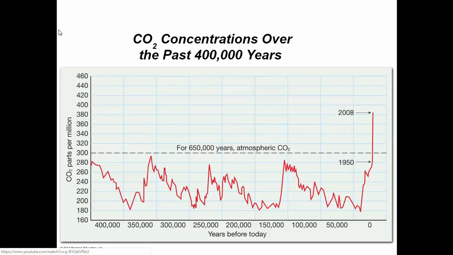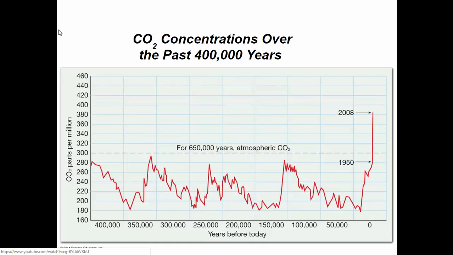And at these low points when carbon dioxide levels were low, what do you think the Earth was like during those times? Cold. It was cold. Those are the ice ages. And when carbon dioxide levels rose and the Earth warmed, those were periods when we had the melting of the glaciers, of the ice. But look at recent years.